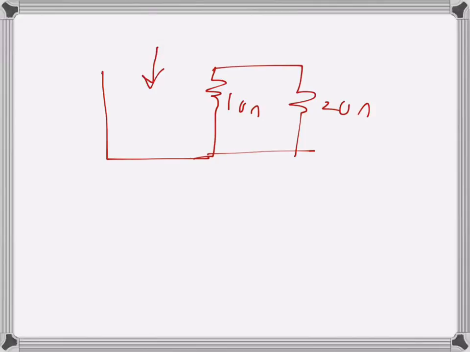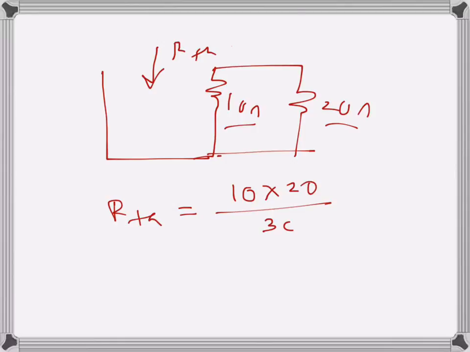R Thevenin will be the parallel combination of 10 and 20. So 10 times 20 over 10 plus 20, that is 30. So that will be 20 over 3 ohms, the same value. Since that's the Thevenin's resistance, we know the value of R has to be the same, so that maximum power is transferred to it.